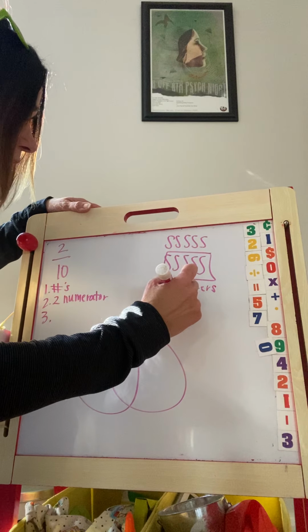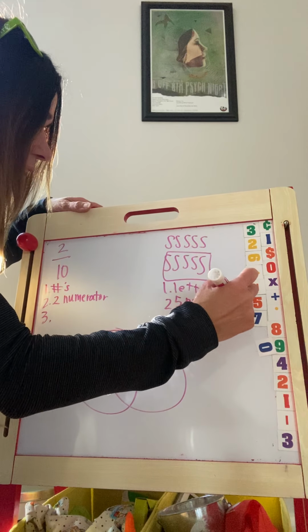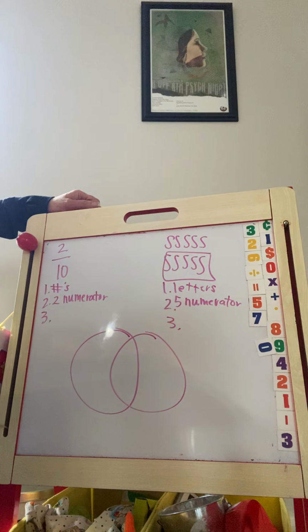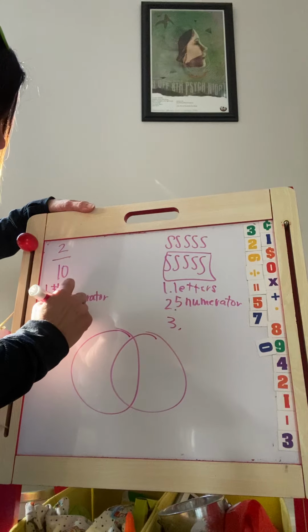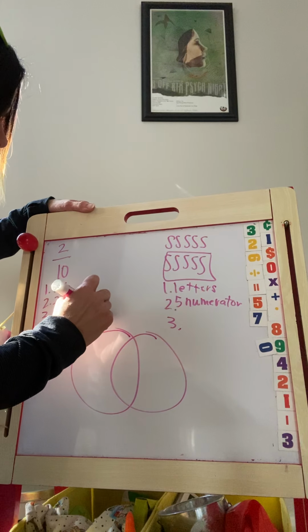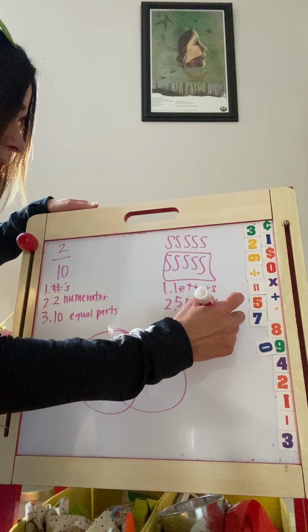This one would have 5 as a numerator because there is 5 circled, right? This one has 10 equal parts. And this one has 10 equal parts.